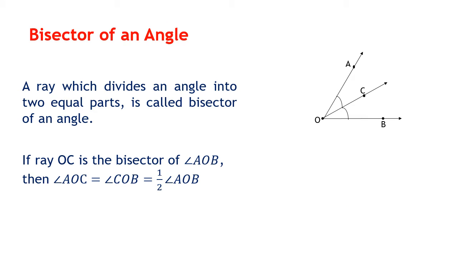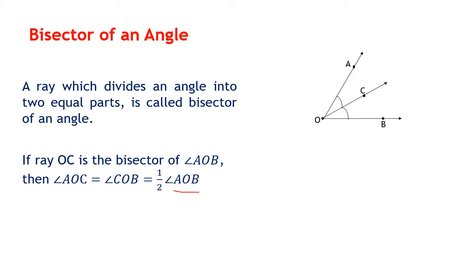First of all, we have a bisector of an angle. A ray which divides an angle into two equal parts is called the bisector of an angle. In this diagram you can see our original angle was angle AOB. Now we have a ray called OC.